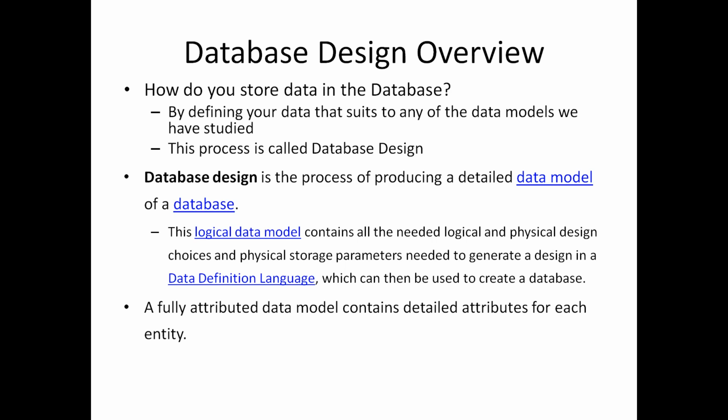You create a data model with all the attributes for your entities, and we will look at what is an entity, what is an attribute, and all these things for our ER model. You create a fully attributed data model that contains detailed attributes for each entity in your database design process.